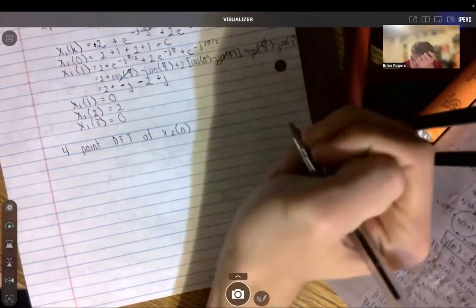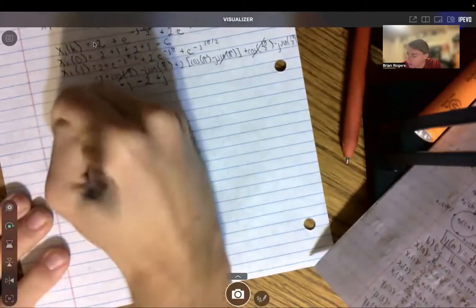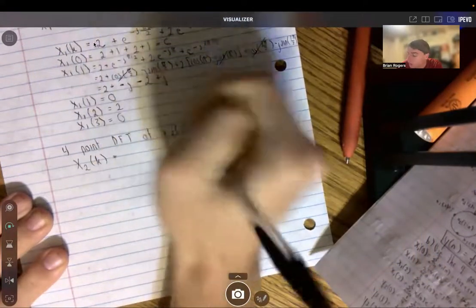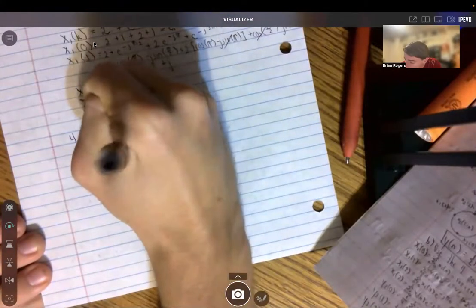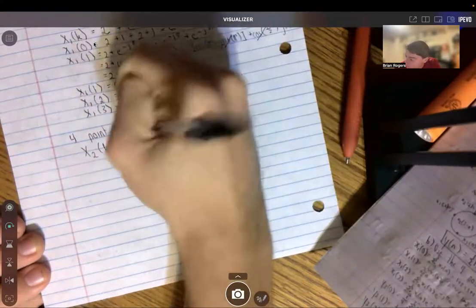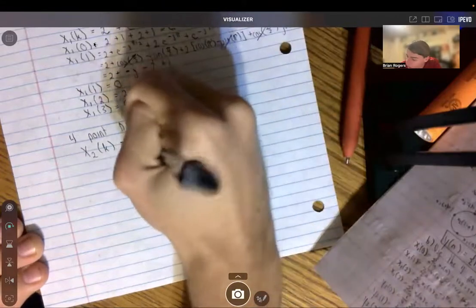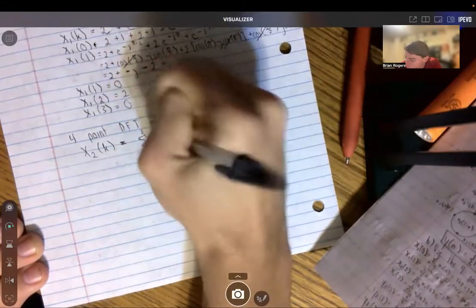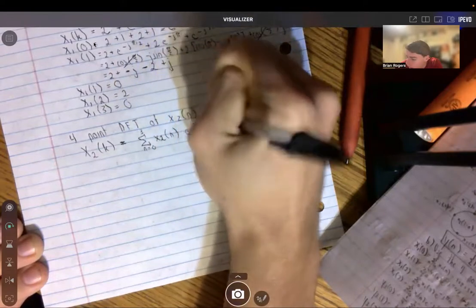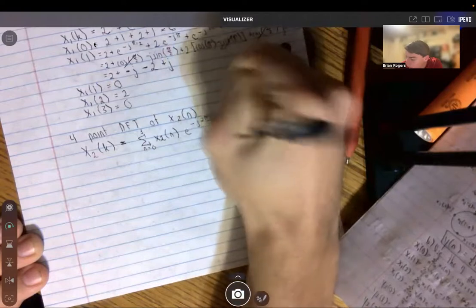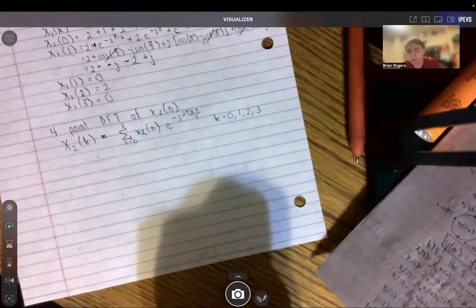So x2 of k is going to equal, remember, the length is 4 for your x2, so it's the sum from n equals 0 to 3, because it's capital N minus 1, of x2 of n times e to the negative j 2 pi k n all over 4. And your k is going to run from 0, 1, 2, all the way up to 3.